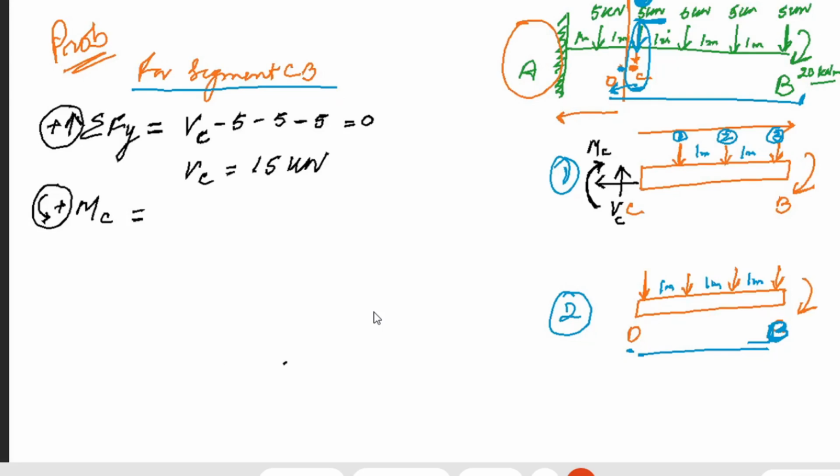Therefore, clockwise will now be negative. Minus MC, and then the moments will be due to here.